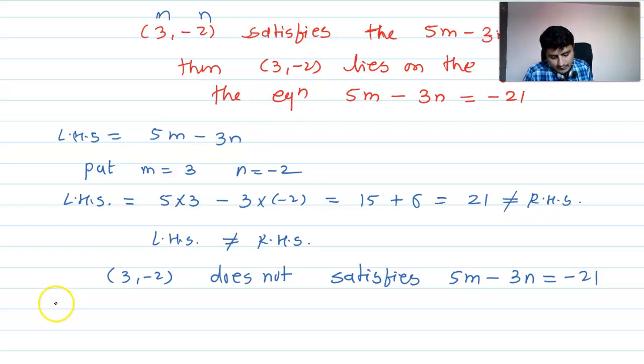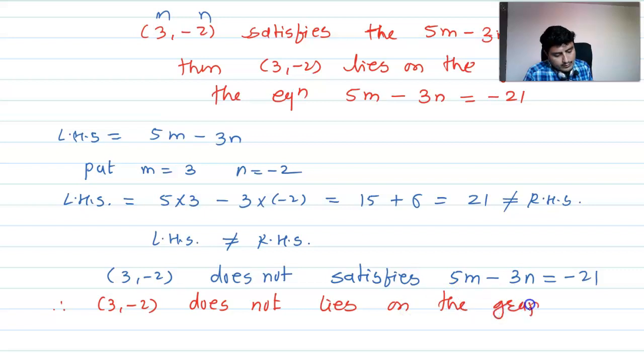So we write our answer: therefore (3, minus 2) does not lie on the graph of the equation 5m minus 3n equals minus 21.